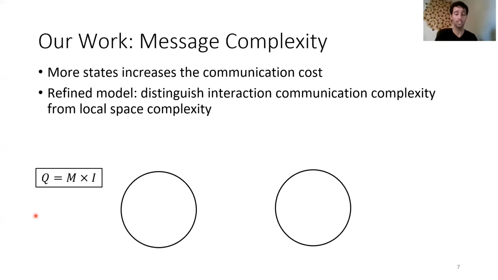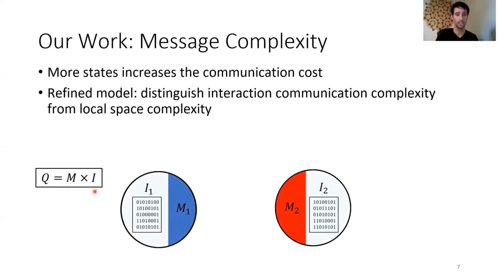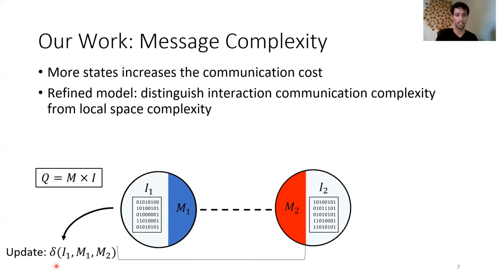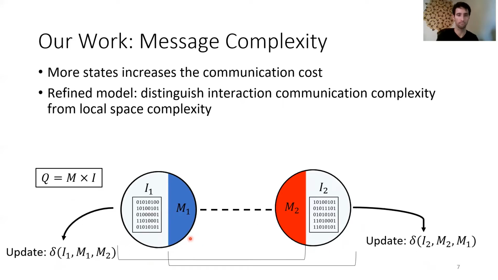We can think of the state of an agent as being two parts, a message set M and an internal state I. When the two agents interact, the update rule for the first agent is a function of its local state, its message, and the message it receives. Likewise, the other agent sees its local state and the message it receives.